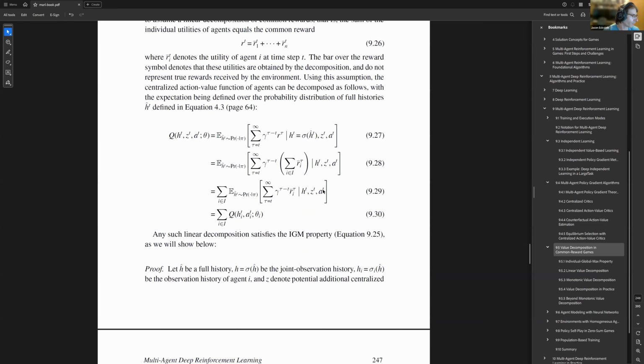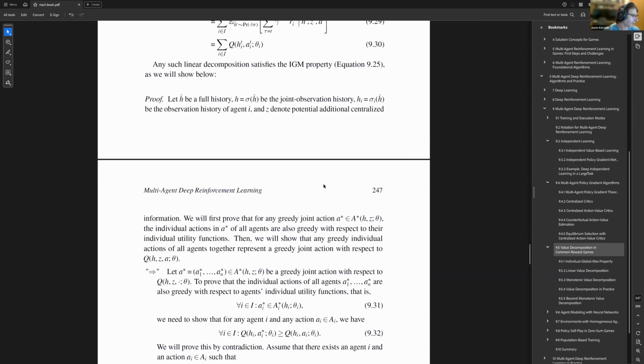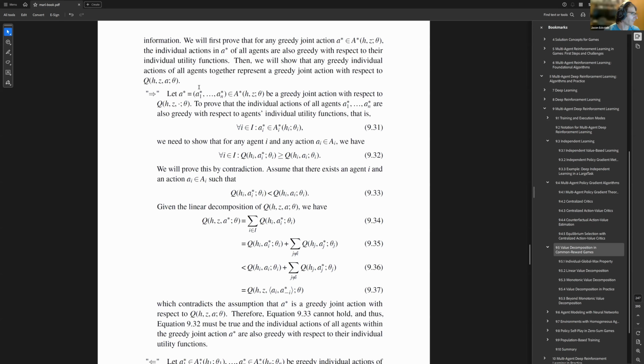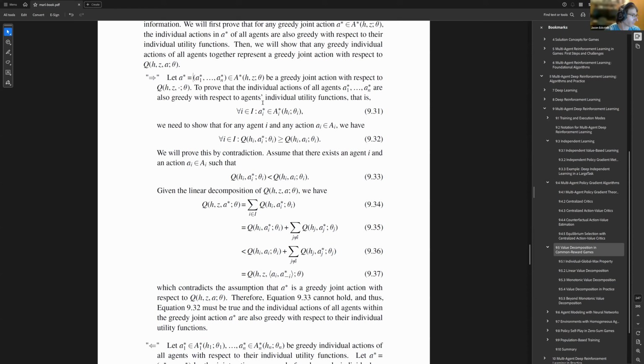So this proof first does the proof going in one direction by assuming that we have what the greedy joint action is with respect to the true joint action value function. And now we have to prove that if A star has this property, then the individual actions of all the agents are also greedy with respect to their individual utility functions.